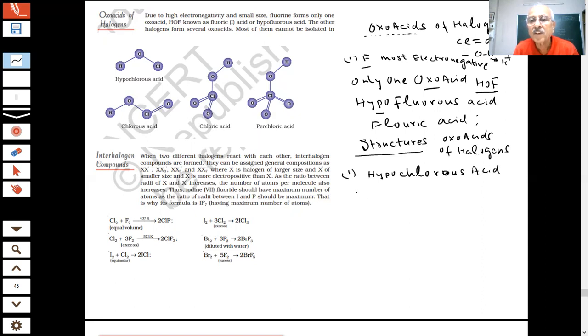And I am asking, draw the structure and what is the hybridization of the halogen, of Cl. First, what is the hybridization of Cl in hypochlorous acid, before we go further?